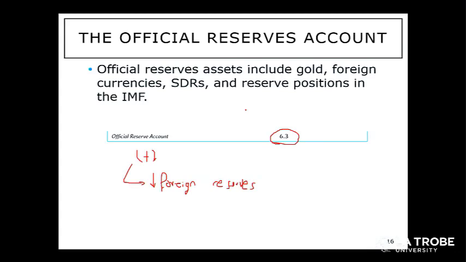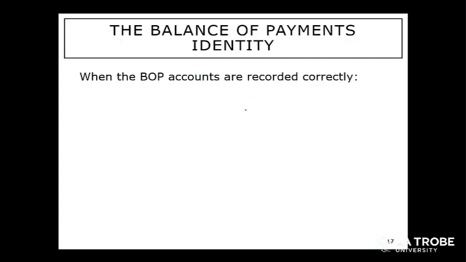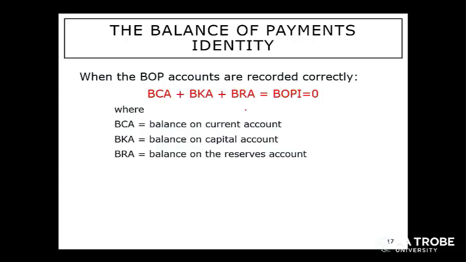Okay. So we talked about the different accounts in the balance of payments, right? This is pretty much like an accounting exercise where we classify different transactions somewhere in the book. With the balance of payments, an important condition is that this account should be balanced, meaning that the sum of the three main accounts should sum up to 0, right? So when you have a positive current account, that means you have a trade surplus.